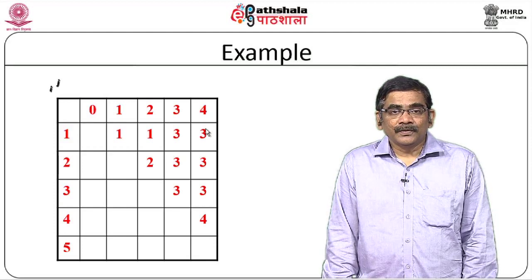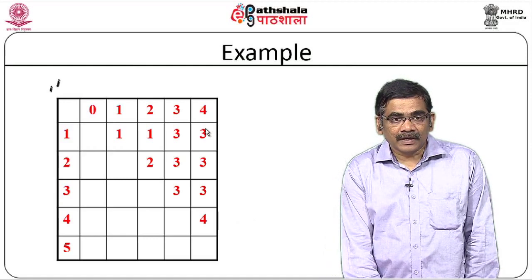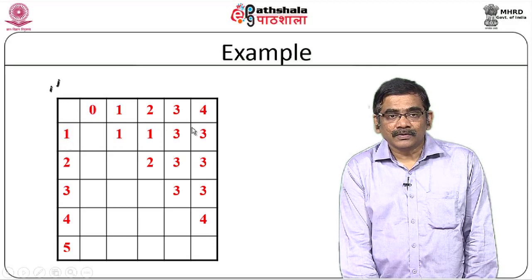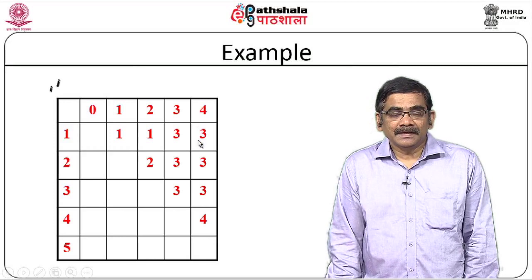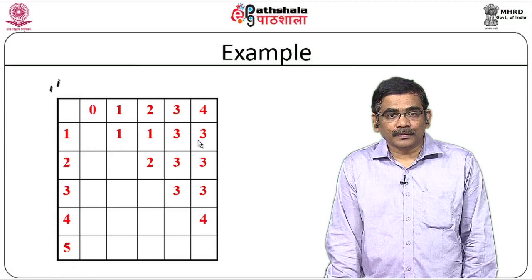Now using this we can easily find out how the tree is going to look. You can see that it is 1 comma 4, that means 1 comma 4 is going to be 3. So, A 3 is going to be your root node.